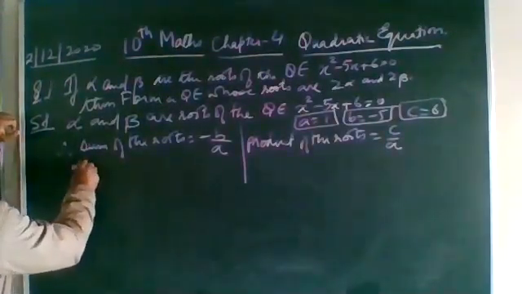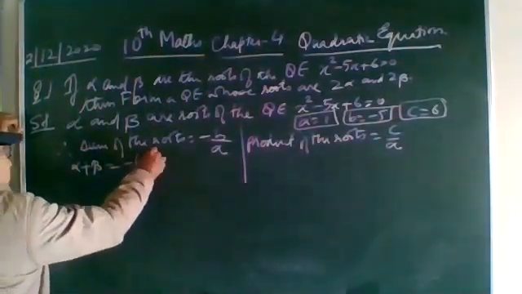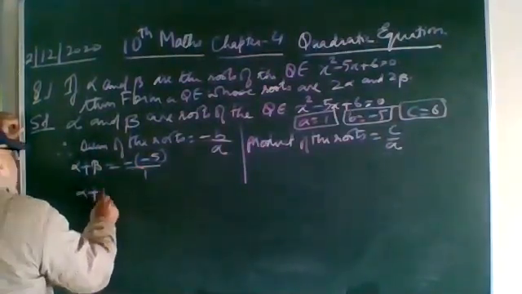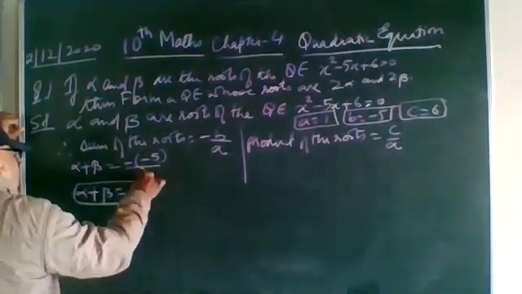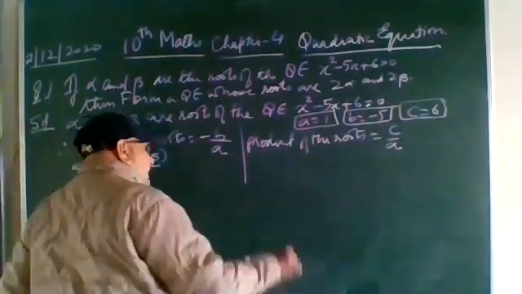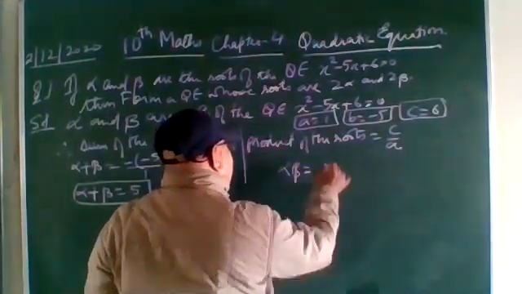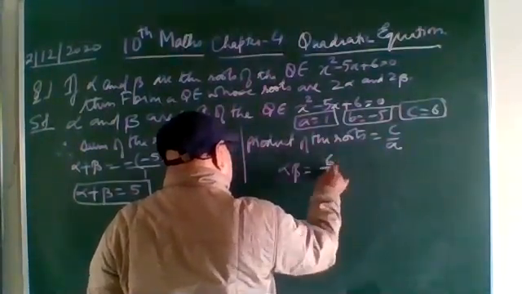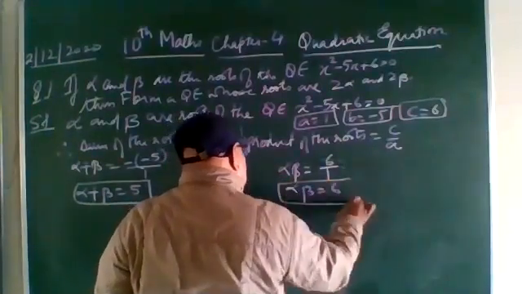Now alpha plus beta equal to minus of minus 5 upon 1, so alpha plus beta equal to 5. Second, alpha beta is 6 upon 1, so alpha beta equal to 6.